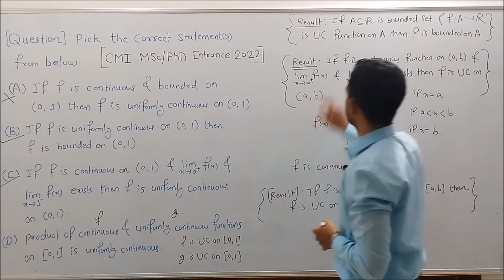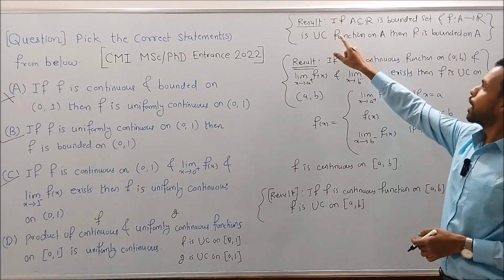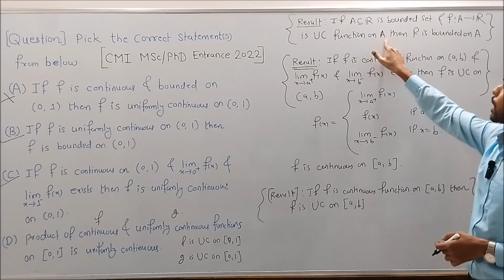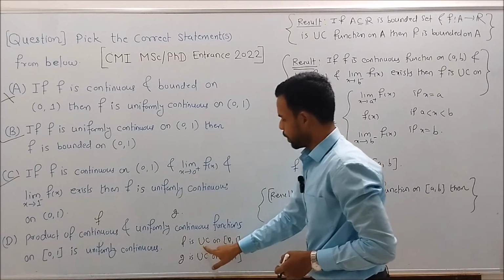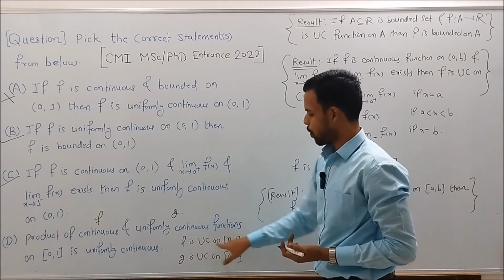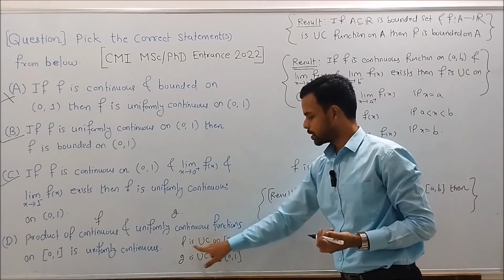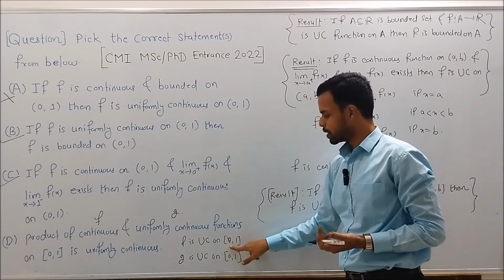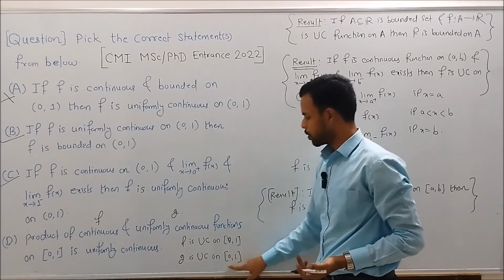also by this result, if A is a bounded subset of R and f is a uniformly continuous function on A, then f is bounded on A. The closed interval [0, 1] is a bounded subset of R. So as f is uniformly continuous on this bounded subset of R, f is bounded on this set, and similarly g is bounded on this set.